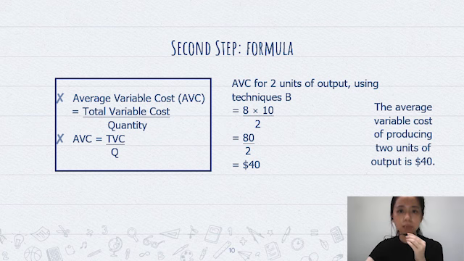Second step, we use the formula: average variable cost equals total variable cost divided by quantity. Average variable cost for 2 units of output using technique B is 8 times 10 divided by 2. The final answer is $40. So the average variable cost of producing 2 units of output is $40.